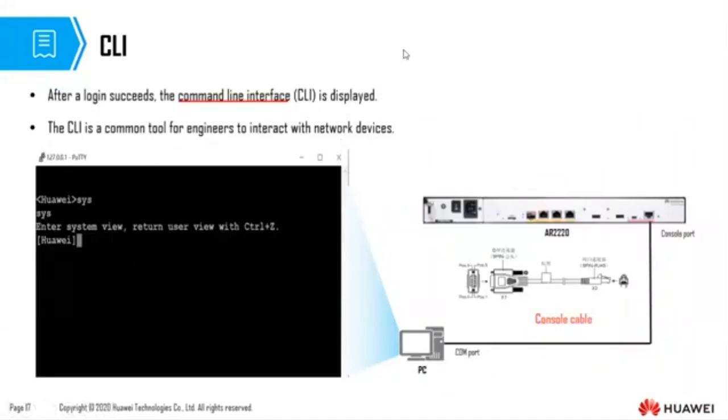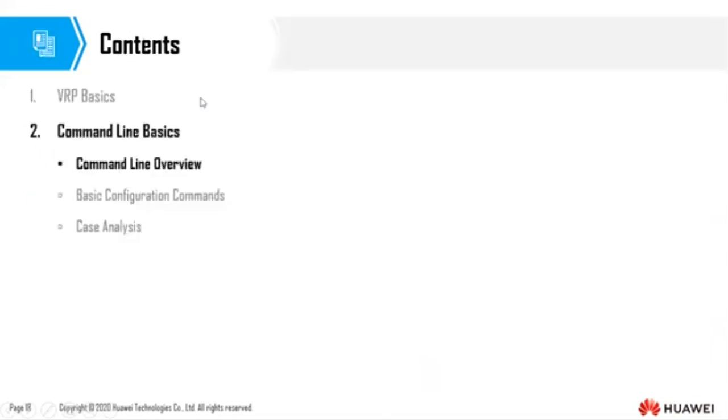This is what you get, the CLI. You can see that the CLI is provided by PuTTY. So when you see this, you just know that you're inside the device and can configure it now. So let's move on and see how that is done.